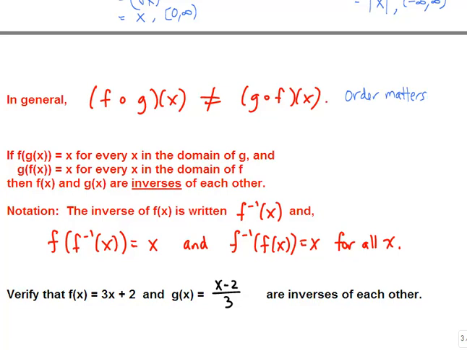We are also going to talk about a special relationship that's kind of like the last one we just did. If you take f and compose it with g, and you get back x for every x in the domain of g, and then you do g composed with f, and get back x for every x in the domain of f, then what we say is f and g are inverses of each other.